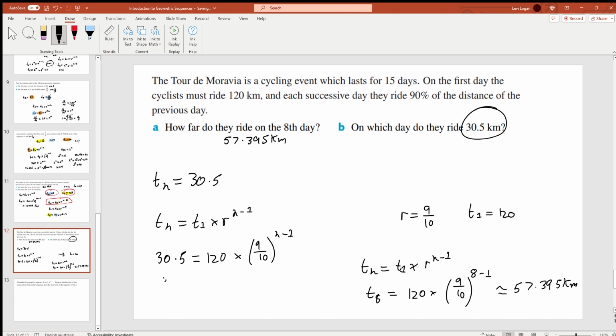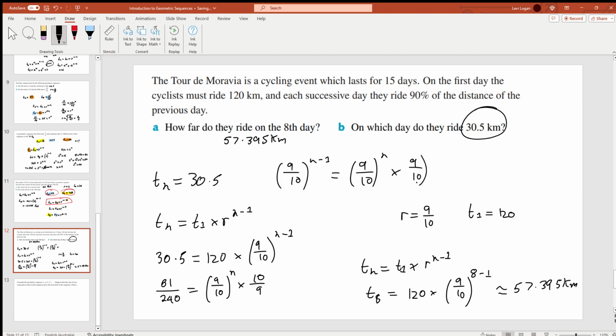I'll write it as a fraction, 61 over 240, and then we have 9 on 10 to the n times 10 on 9. So what I did there is, 9 on 10 to the power of n minus 1 is the same as 9 on 10 to the power of n times 9 on 10 to the negative 1, which I can just flip to 10 on 9.